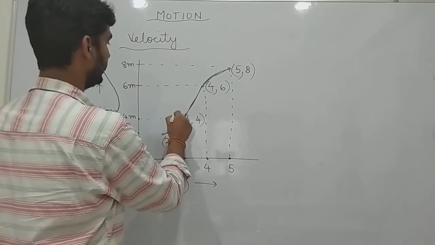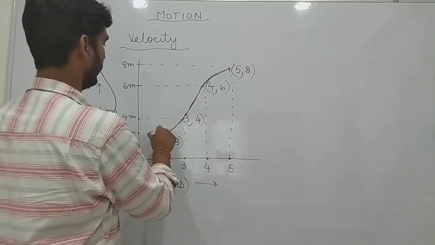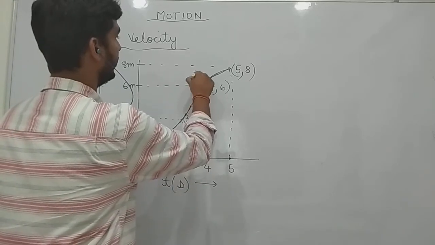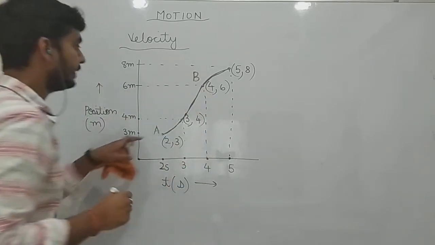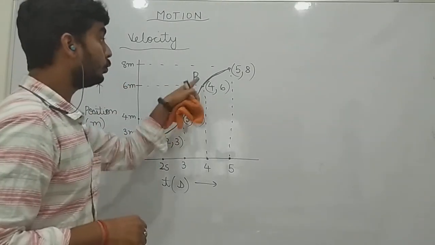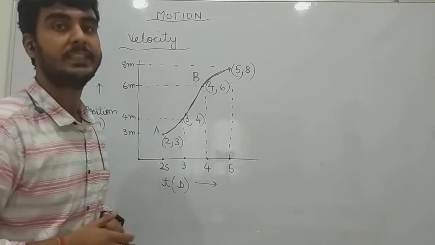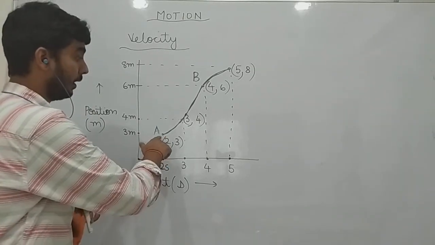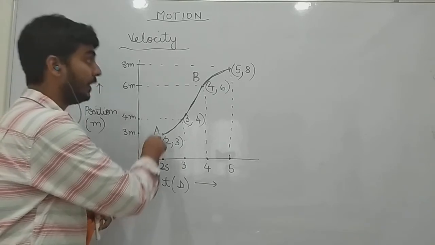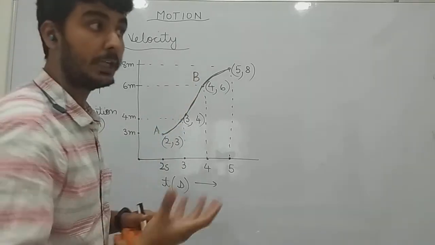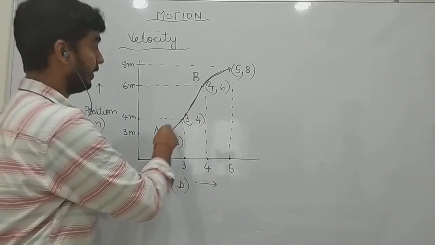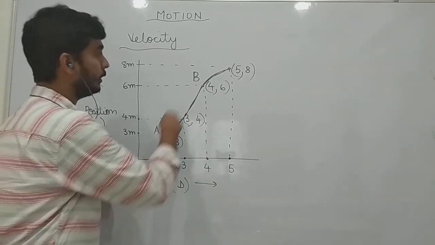Let this be point A and let this be point B. Now I want to calculate the velocity of the object when it is moving from point A to point B.